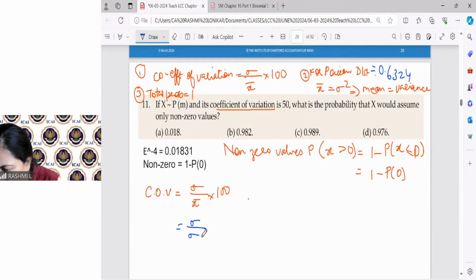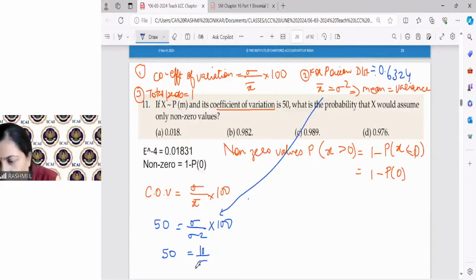Sigma upon sigma square, where did this come from? From here. Into 100. What is its value? 50. So 50 is equal to 100 upon sigma. So what is the value of sigma? Sigma is 100 upon 50, which is equal to 2, right?